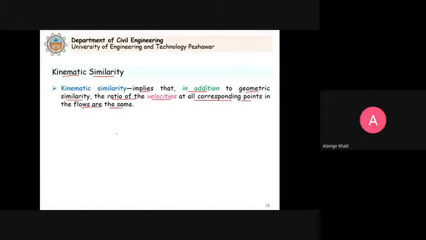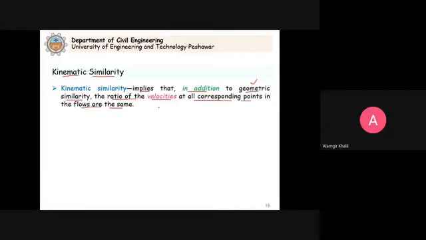So what it means is that all the velocities that are acting, now when kinematic similarity is to be achieved, this will be in addition to geometric similarity, because if the shapes are different, then how can we ensure that the flow patterns will be the same? The velocity vectors that will occur as a result of the flows in model and prototype should be the same, only the scale differs. So that will only be ensured if we have geometric similarity.